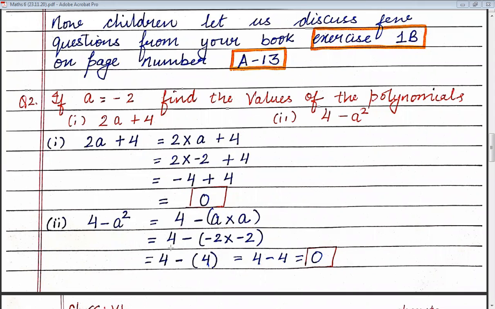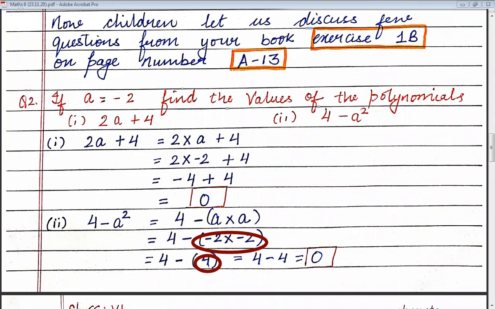That is minus 2. So your question will become 4 minus 2 multiply minus 2. Now minus 2 multiply minus 2, our answer will be plus 4. What is the answer of minus 2 into minus 2? That is plus 4.